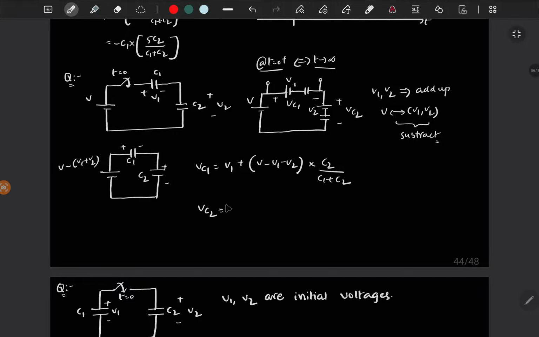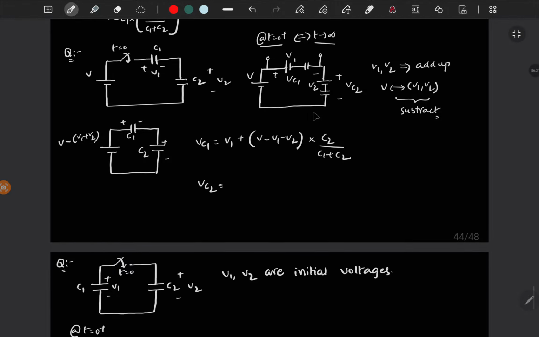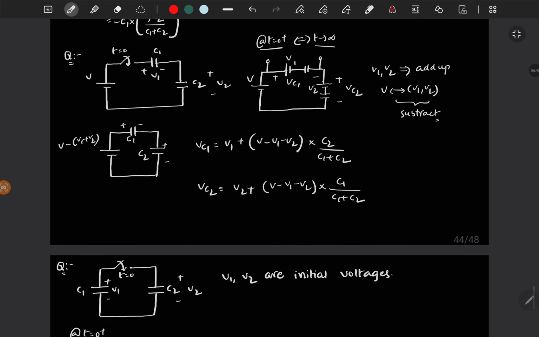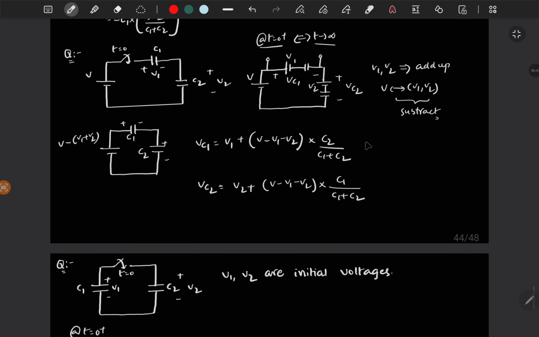And if you want to find VC2, then add V2 first and find this voltage: V2 plus V minus V1 minus V2 times C1 by C1 plus C2. That's it. So this is at t is equal to 0 plus and for t tends to infinity also. You will get a constant voltage for t greater than 0 for both the capacitors C1 and C2.